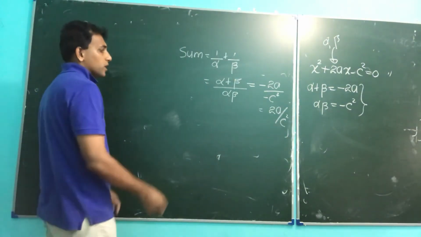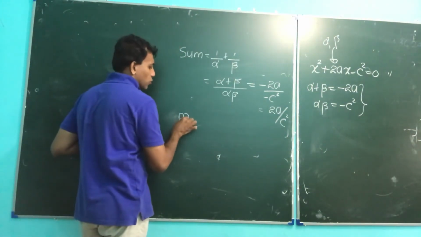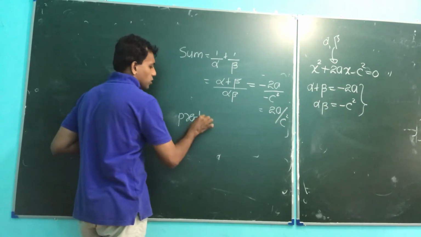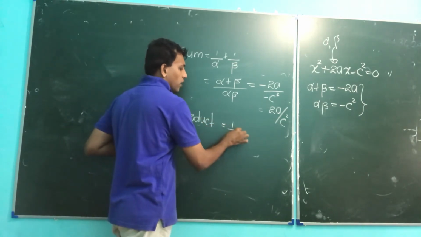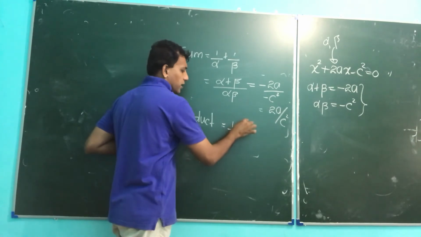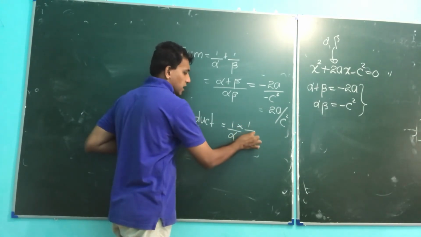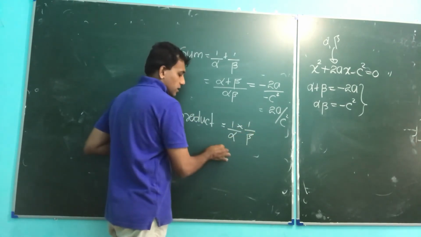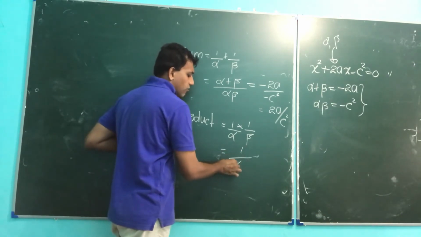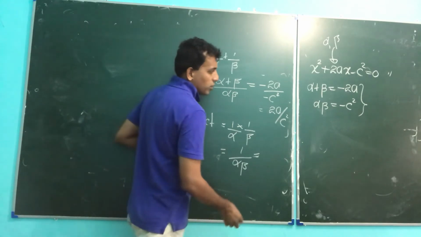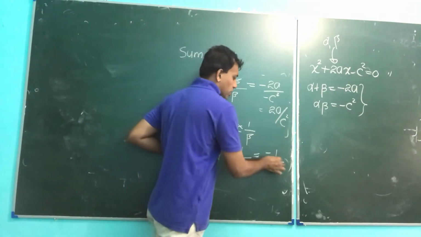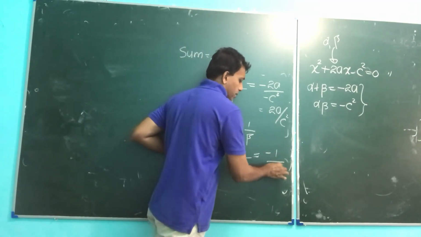Next, what is the product of the roots? One root is 1 over alpha, the other is 1 over beta, so the answer is 1 over alpha beta, or otherwise 1 over minus c squared, that is minus 1 over c squared.